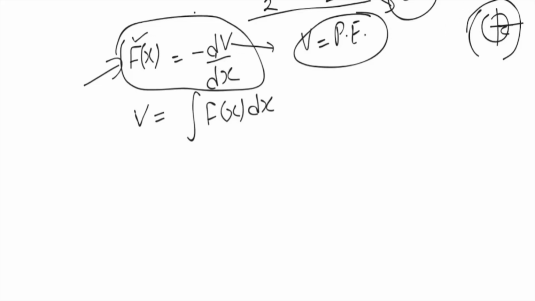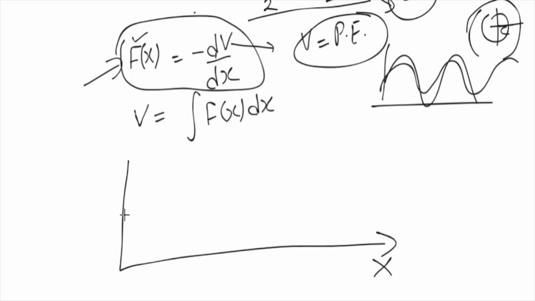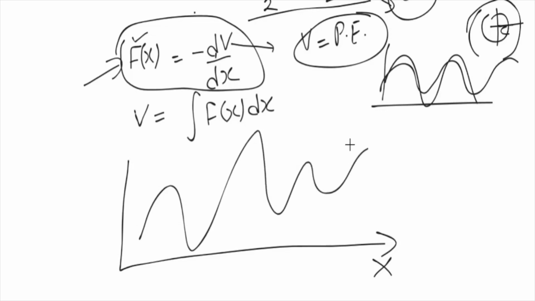For this, suppose your particle is moving in the x direction like this. It is on a hill, or some hilly plane, where the particle is moving like this. It is moving along the x-axis, through a series of hills, and the altitude of it is roughly v, which is a function of x.